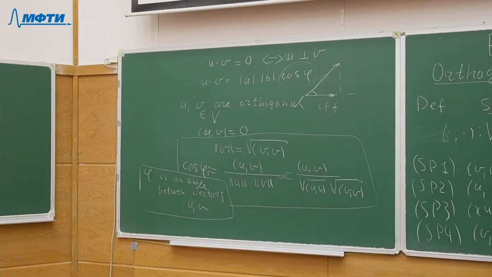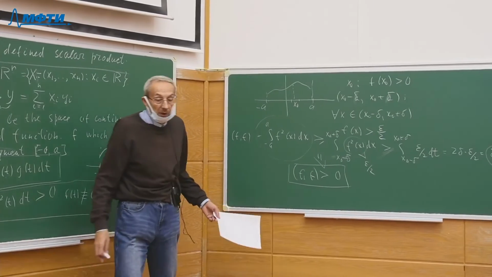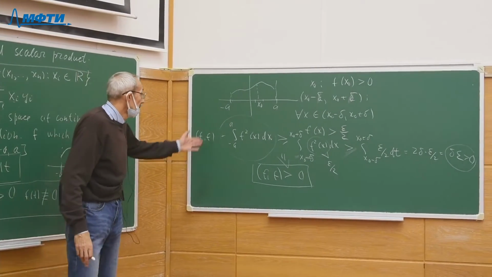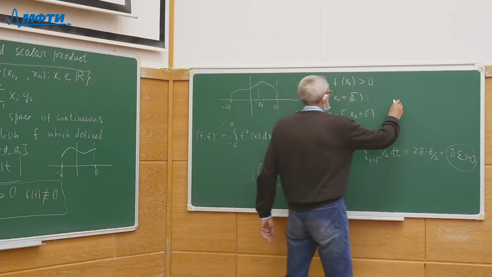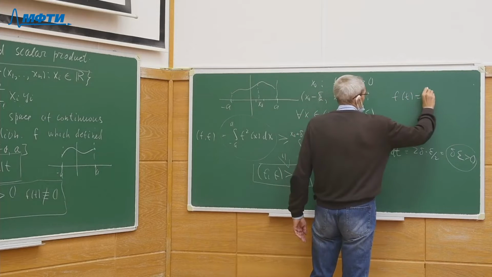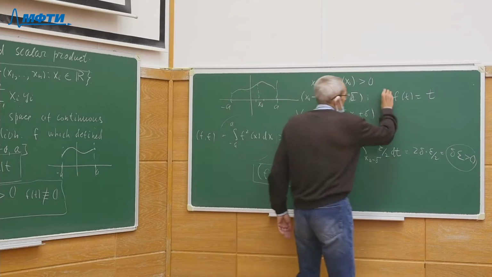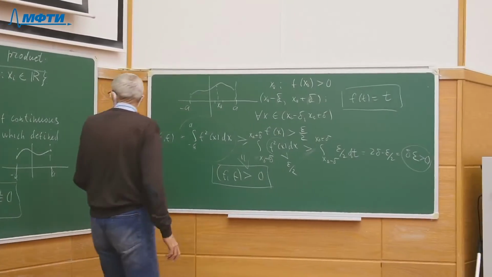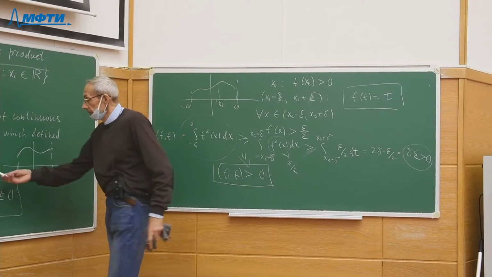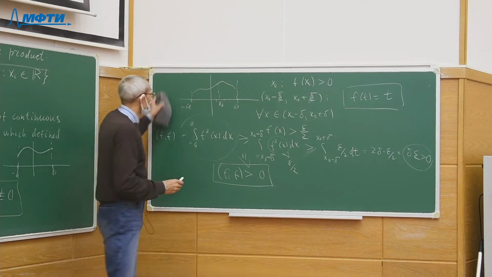For example, if you consider the continuous function, for example, let our function f(t) be equal to t, and we can define the norm of this function in this abstract vector space, if you have such a scalar product which is defined by this formula.